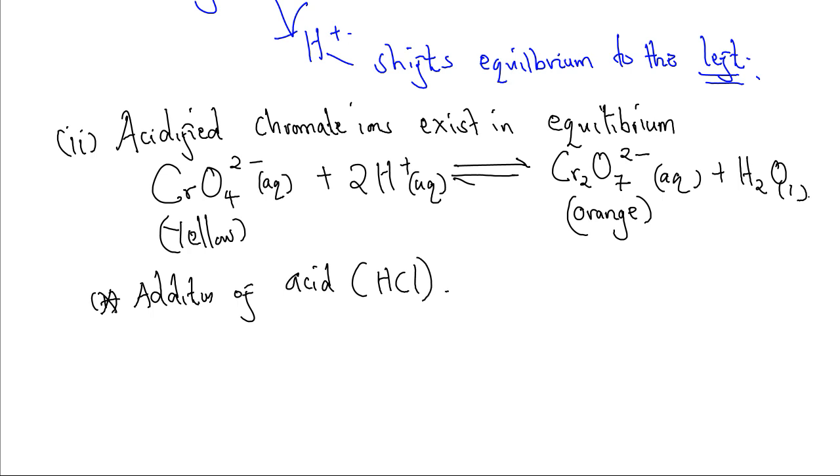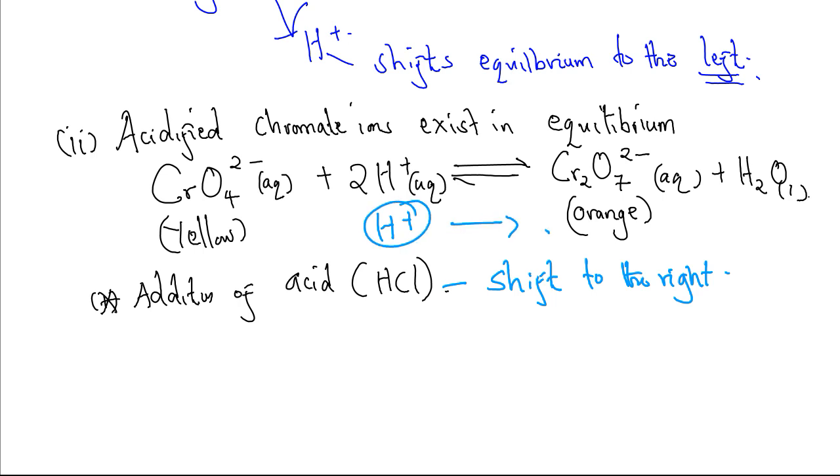When acid is added to this system, the equilibrium will shift to the right, so that more of the hydrogen ions added may be used to form more of the dichromate ion and water, and therefore color changes from yellow to orange.